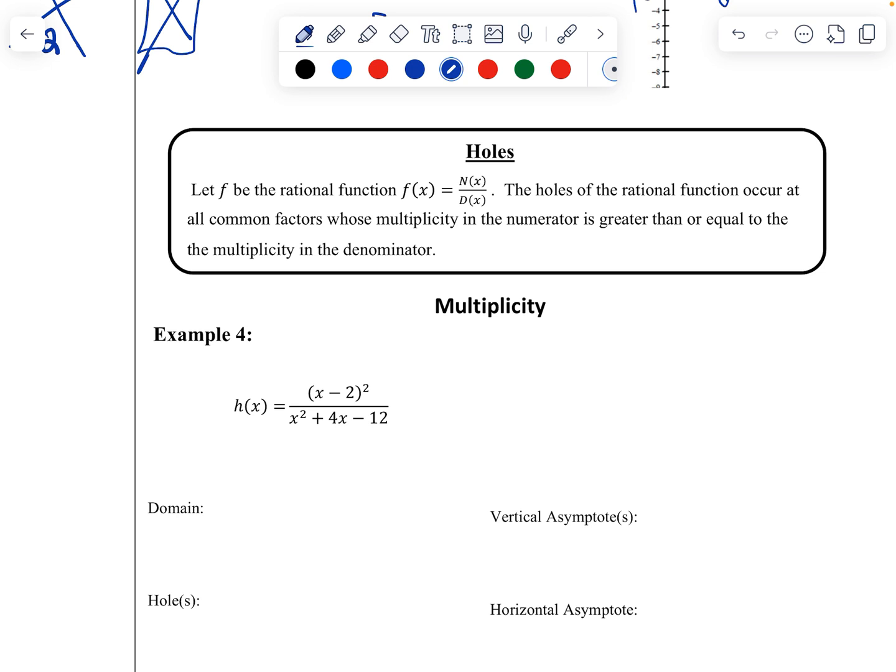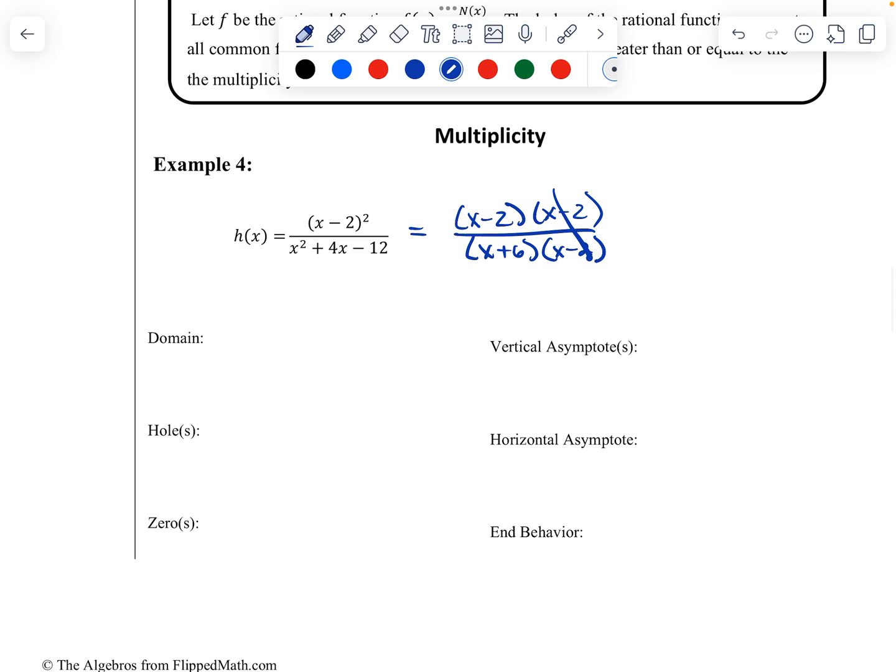So holes: let f of x be a function with numerator and denominator polynomials. The holes of a rational function occur at all factors whose multiplicity in the numerator is greater than or equal to the multiplicity in the denominator. So what this is saying is if we have this, and if we were to factor the bottom, right, we know that our domain is missing 2 and negative 6.